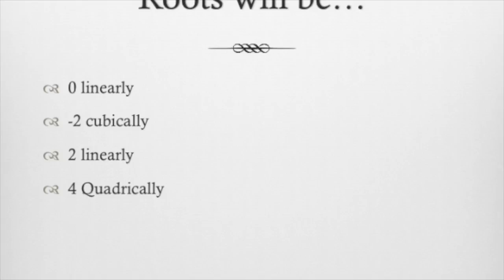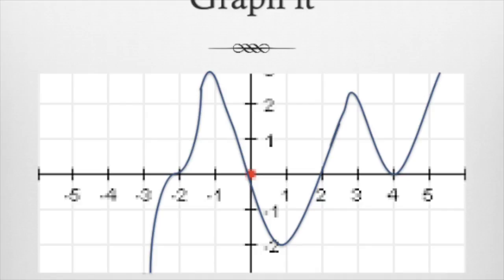And then 4 will be quadratic, which means it'll bounce. And this graph is how it should look at the end. If you get this and you got it pretty easily, then you're all set to go.